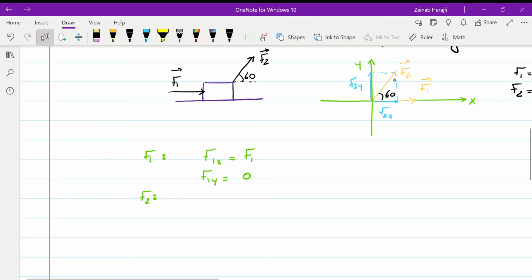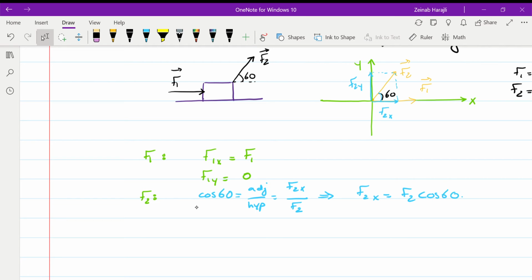Now we can find F2x by doing some trigonometry. So if we look at cosine the angle 60 here, this is adjacent over hypotenuse. The adjacent side here is F2x and the hypotenuse is F2. So we can deduce that F2x is F2 cosine 60.